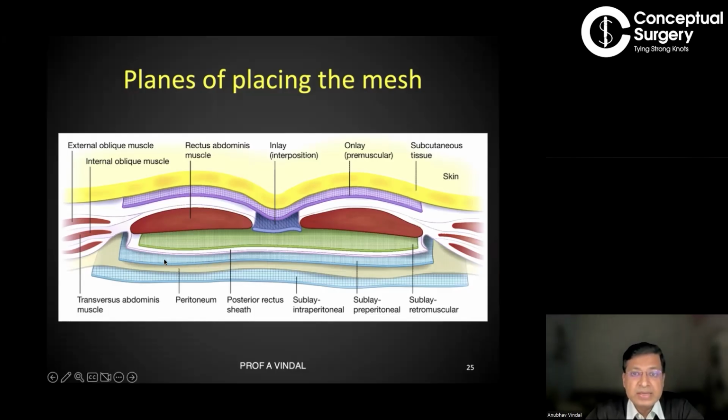So it is known as a preperitoneal sublay repair. And if the mesh is placed inside the peritoneal cavity, it is a sublay intraperitoneal repair. Or if you look at it from the inside out, then it is known as an intraperitoneal onlay repair.